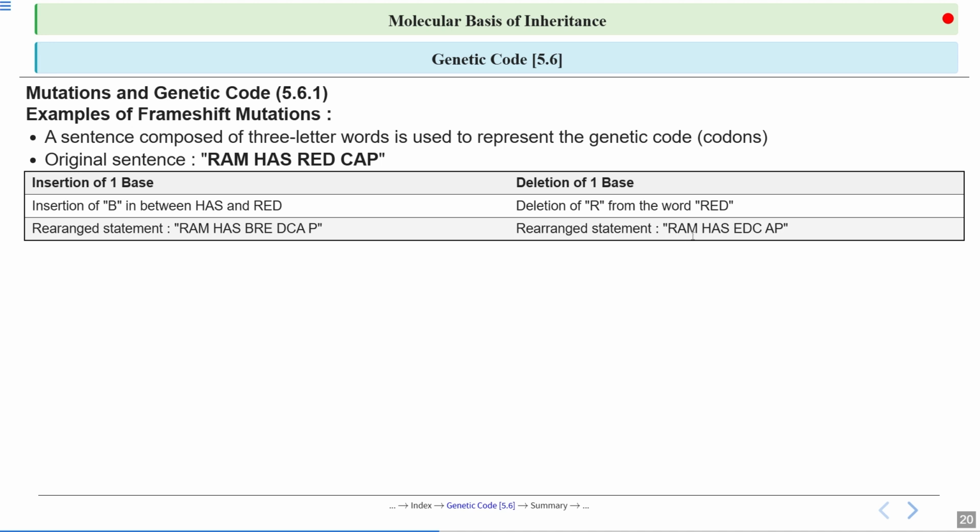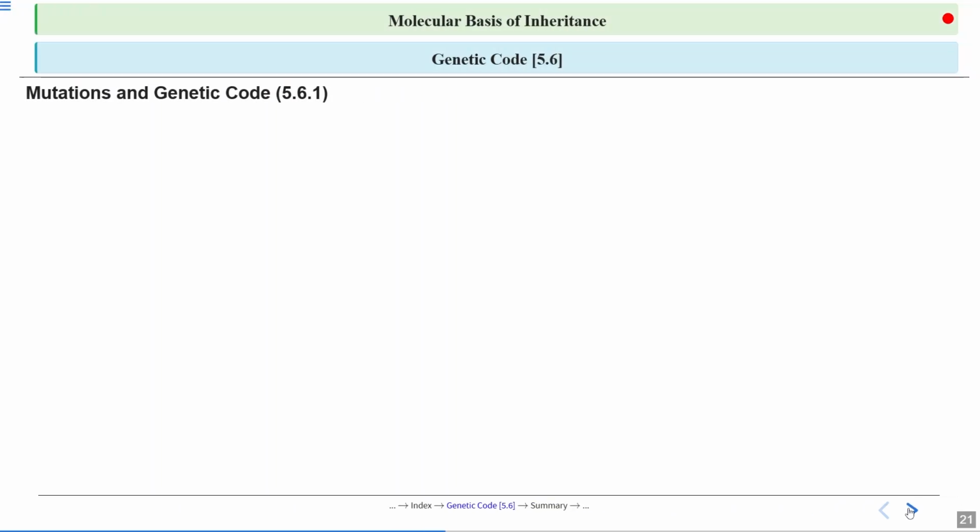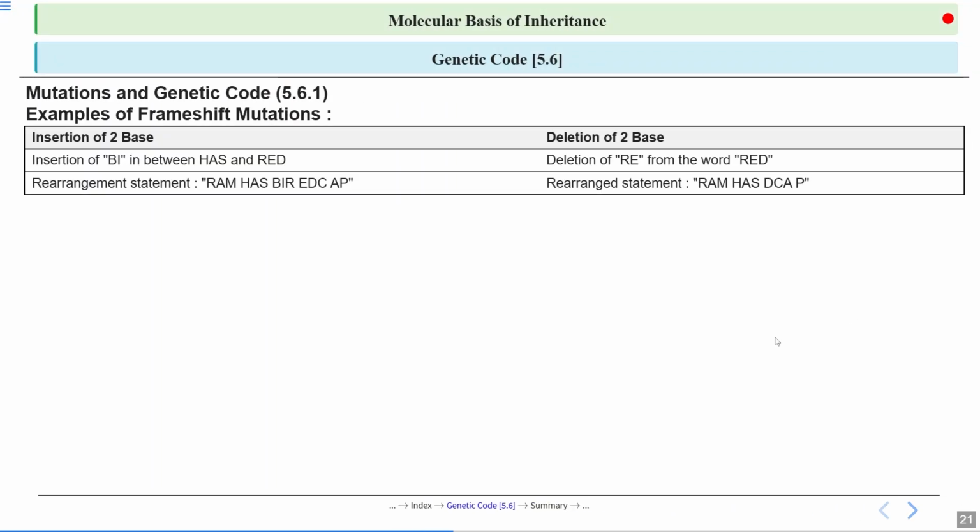Ram will be fine, has will be fine. But because of the B, it will be like Bre, dca and p. Does it make any sense? No. Just like that, if we delete one base, for example, if we delete R from here, it will be rearranged as: Ram fine, has fine, but because we deleted this R, it will be like edc and ap. Does it make sense? No. Like this, the genetic code also works. If there is any insertion or deletion, it is going to cause a frame shift mutation.